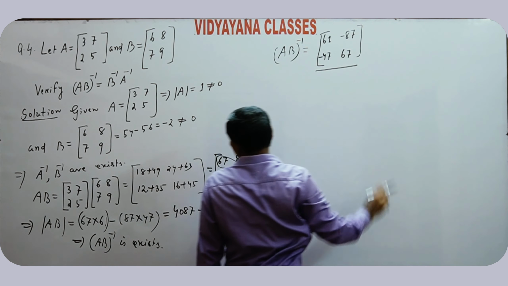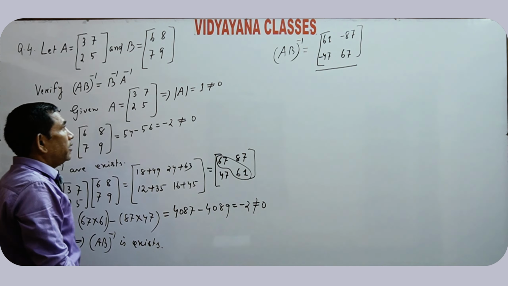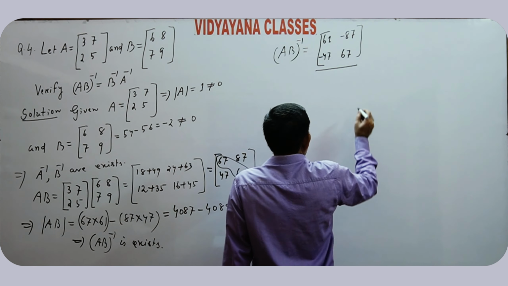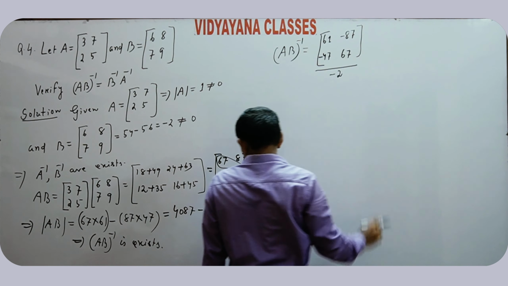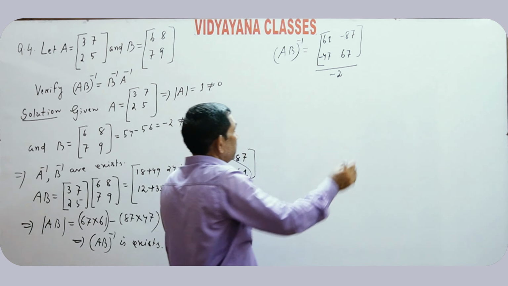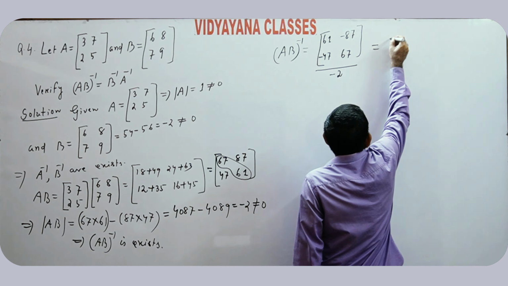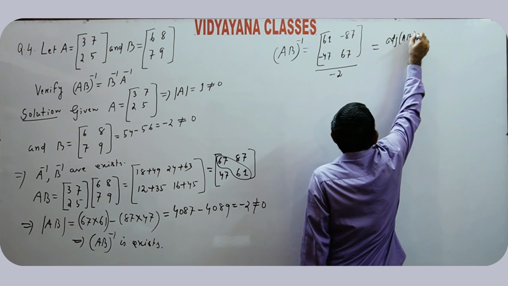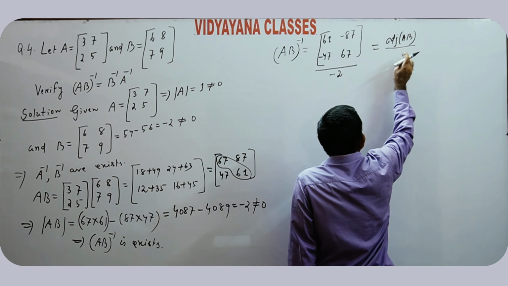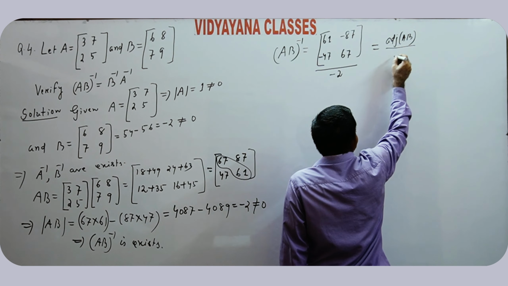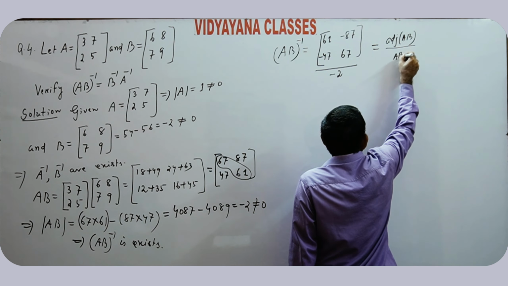Divided by the determinant of AB. That means (AB) inverse is the adjoint of AB divided by the determinant of AB.